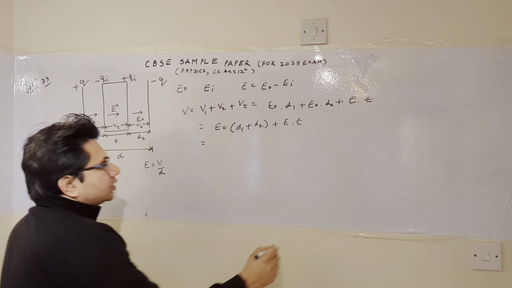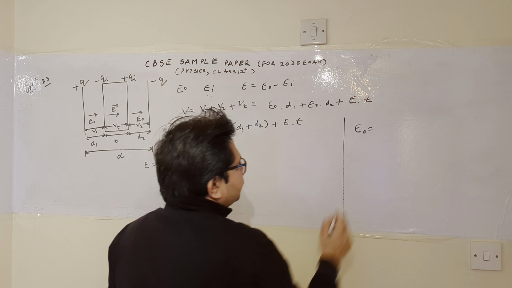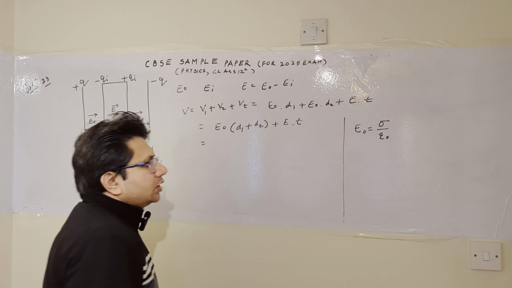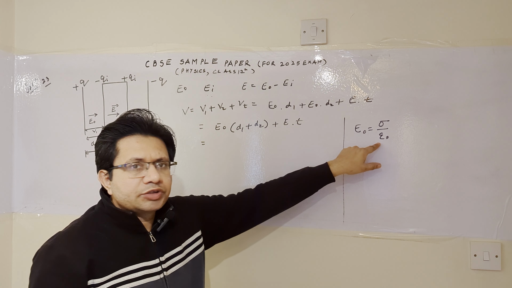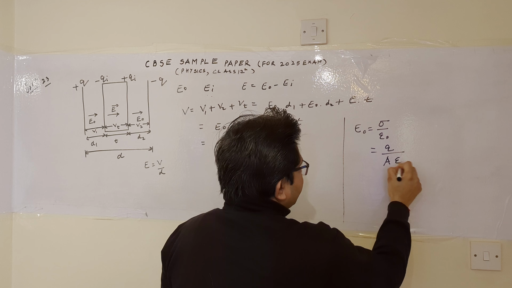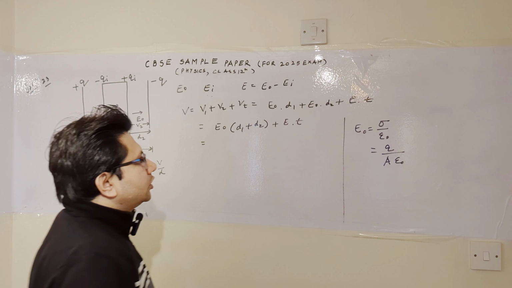Now we know the relation between the electric field and the surface charge density: electric field is equal to the surface charge density upon the permittivity of free space. So E naught comes out to be Q upon A epsilon naught, where Q is the charge and A is the area of cross section of the plate.